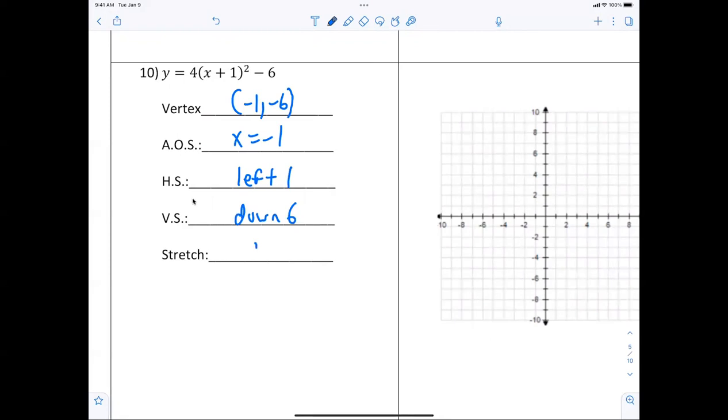And then we graph. So on this one, everybody's finding negative 1, negative 6. Now that you found negative 1, negative 6, the stretch is how much? 4.